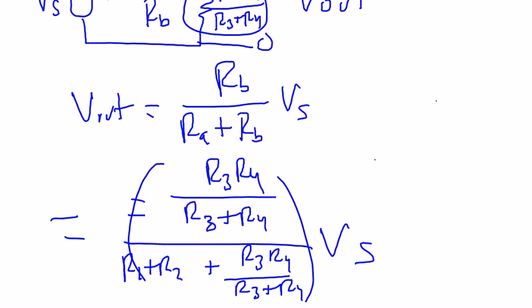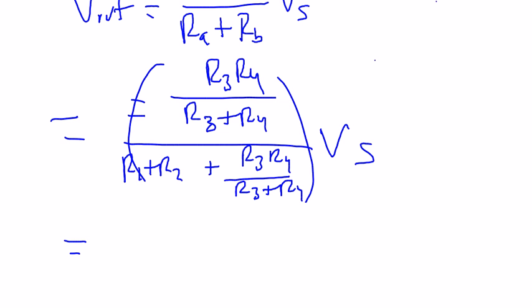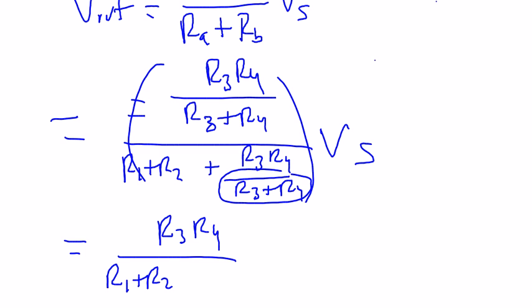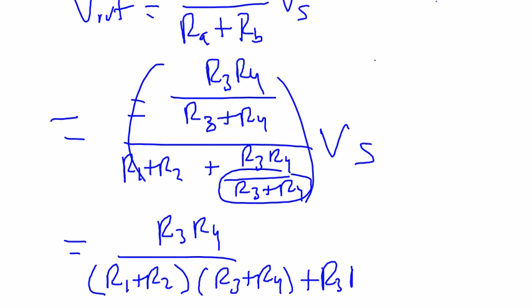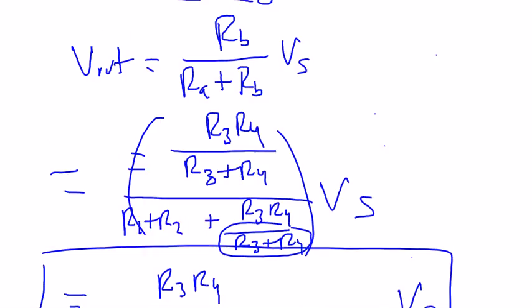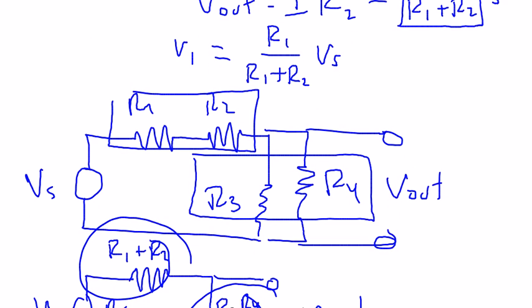Now that's pretty messy, but with some simplification, we can clean it up just a little bit by multiplying the top and bottom by R3 plus R4 to get R3 R4 over R1 plus R2 times R3 plus R4, plus R3 times R4, times Vs. So because of our voltage divider, we could quickly get to an answer, whereas if you didn't use your voltage divider, you would have a couple loops to do a mesh analysis to find the current through R4, and then you'd have to find V out by saying V out is equal to I R4, whatever that I turns out to be.